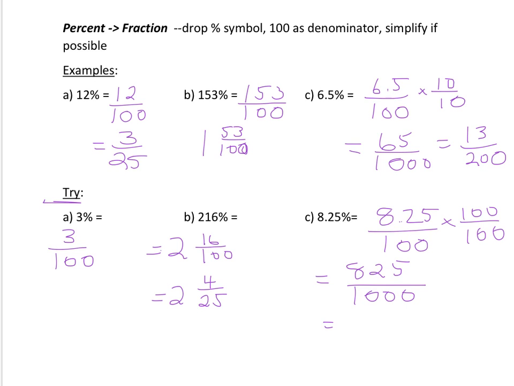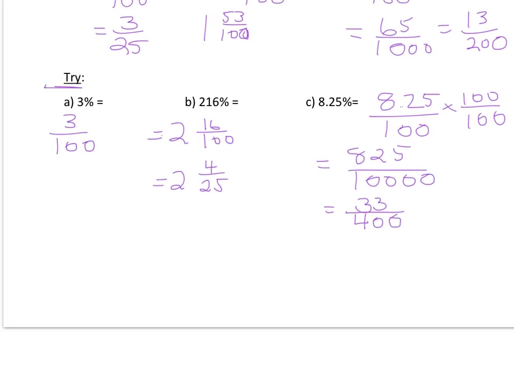So let me think. 25 will go into both of those. And 25 into 800 will be 32 plus 1, so that'll be 33 in the numerator. And 25 into 1,000 is 40, so it'll be 400 into 10,000. You might want to check that math for me with your calculator. Okay, so that's percent to fraction.